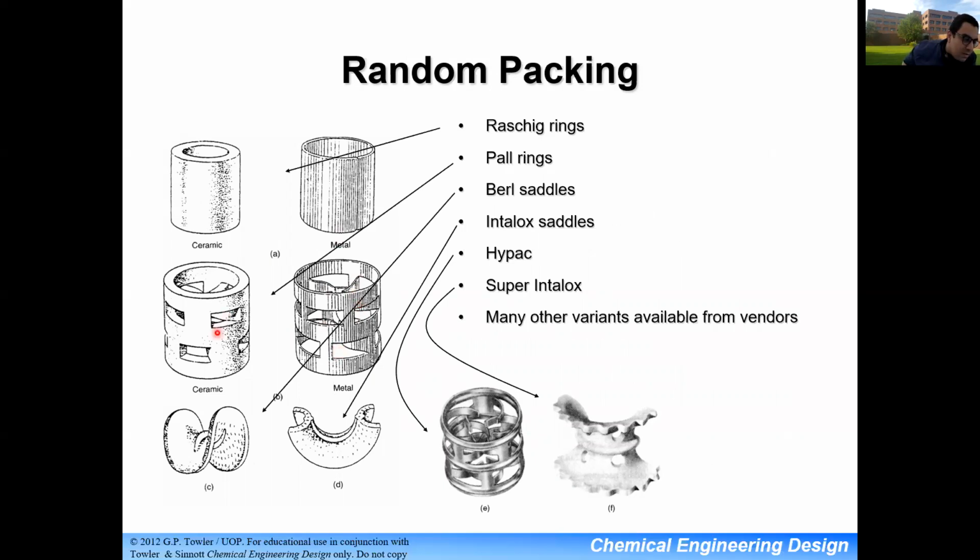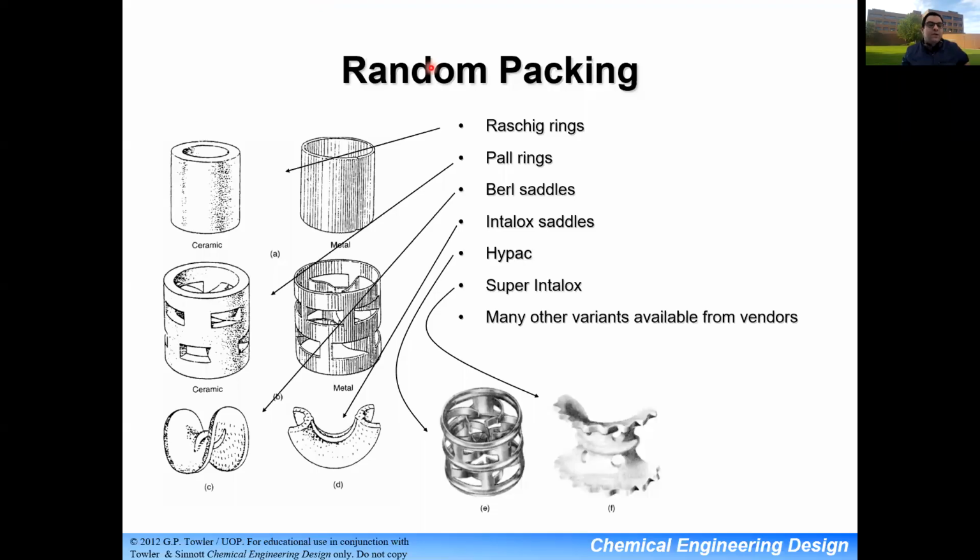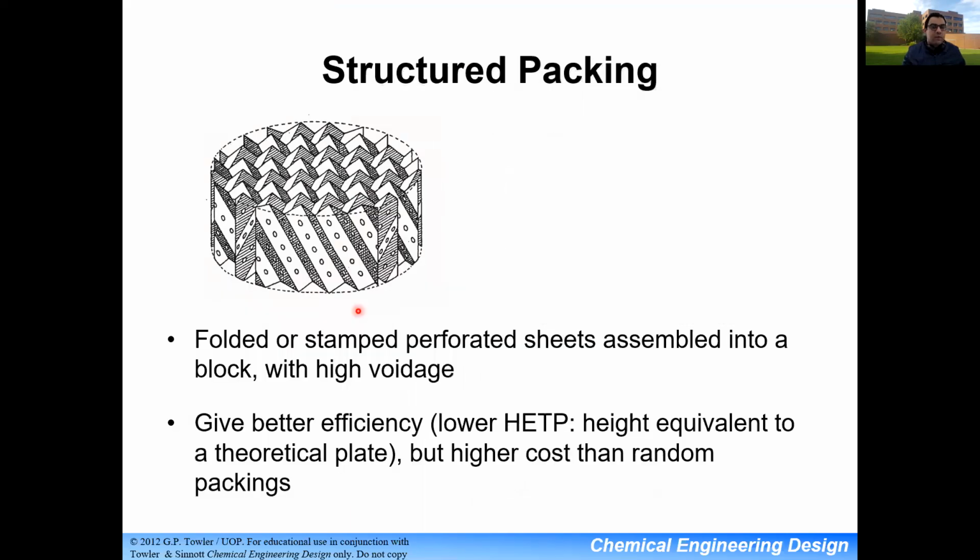And as you can see, going back, random packing designs evolve to maximize the surface area on the packing surface, so that I would have a larger area for gas-liquid contact. Okay, moving on to structured packing. As we said before, structured packing are just metal sheets.